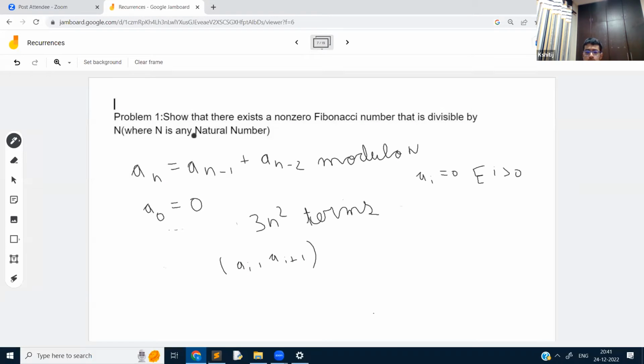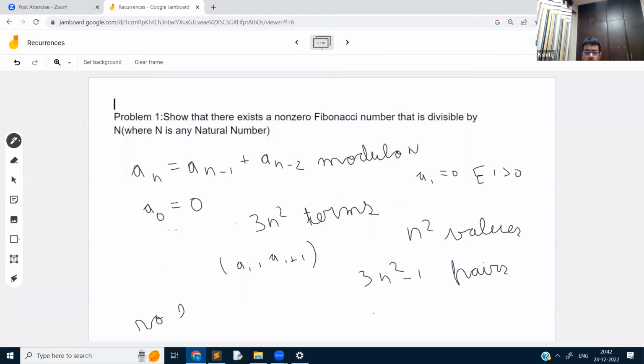Now, if we look at the consecutive term pairs, realize that they can take only n² values, since both have n choices. Now, by PHP, there must be at least 2 pairs which give the same results, since there are 3n² minus 1 pairs and only n² possible pairs of values, at least 2 must be the same.